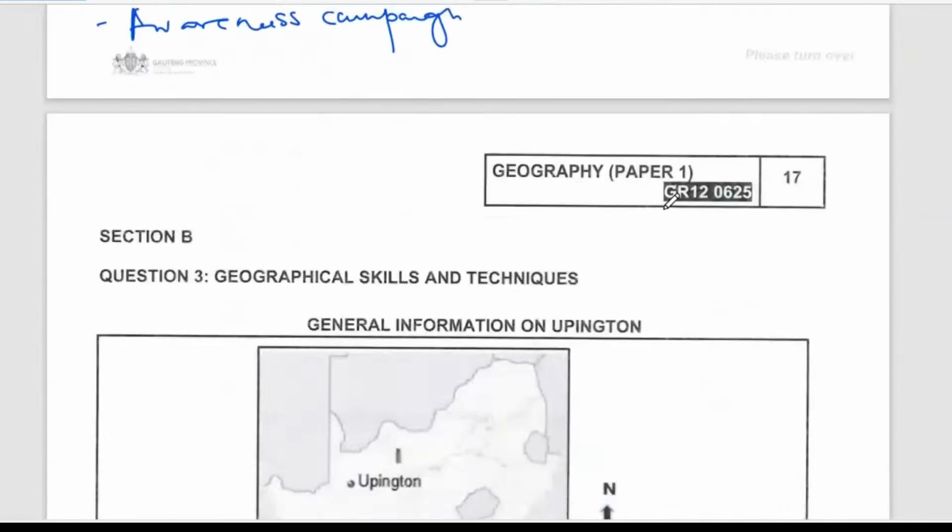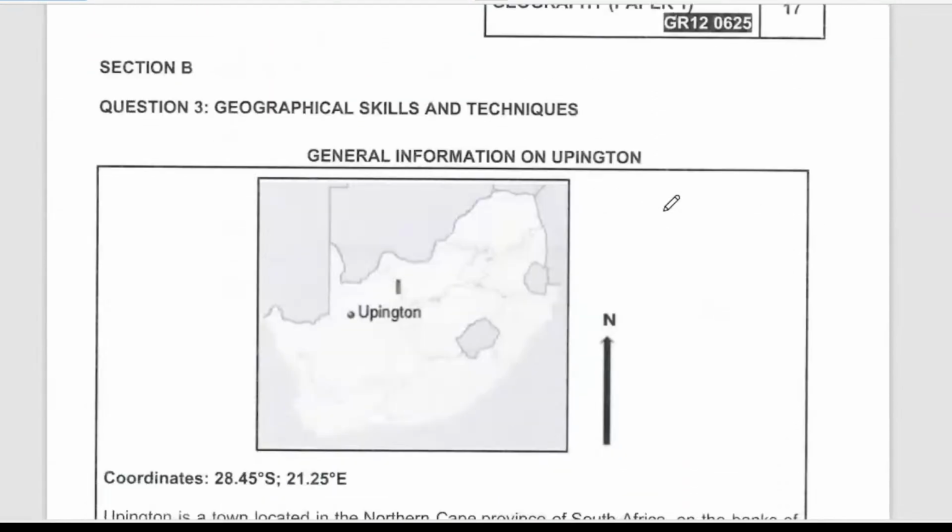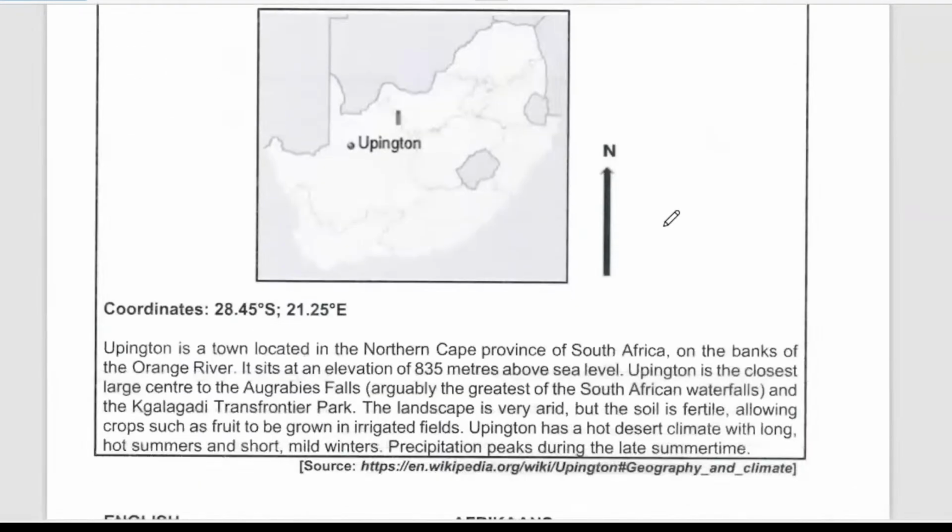Right, we finally move on to our last section of the paper, which is the geographical skills and techniques, which is our map work section. Right, Upington is a town located in the Northern Cape province of South Africa on the banks of the Orange River. It sits at an elevation of 835 meters above sea level. Upington is the closest large center for the Augrabies Falls, arguably the greatest of South African waterfalls.